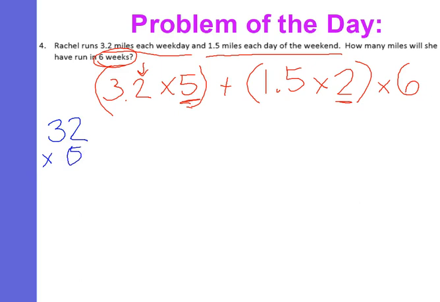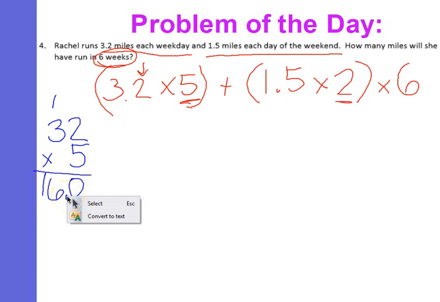Oh, sorry about that. 5 times 2 is 10. 3 times 5 is 15. Plus 1 is 16. And our answer does need to be in tenths, so that would be 16 as that value. Then we have 1.5, or 15 tenths times 2.